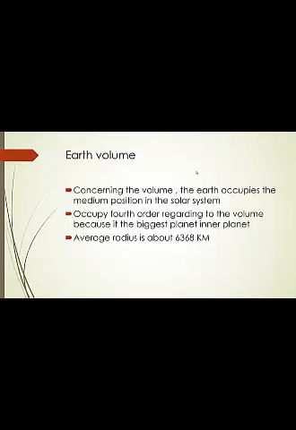Earth's volume. Concerning the volume, Earth occupies a medium position in the solar system.